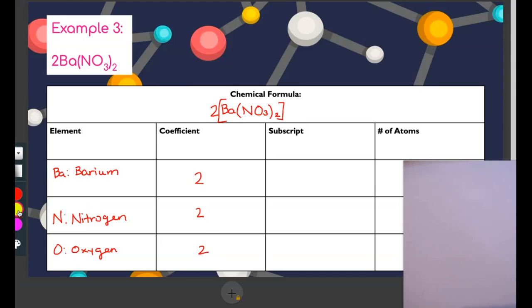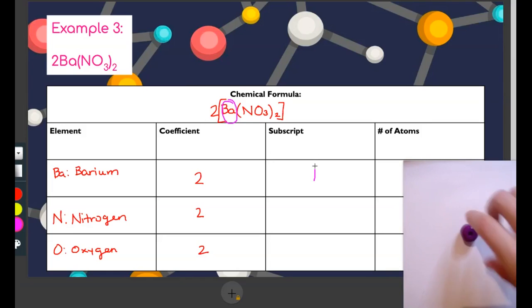Now we'll start identifying some subscripts. And here's where we just need to think a little bit harder for this example. So first we'll look at barium. We can see that barium is outside of this parentheses and it has no subscript. So we can use our rule, none means 1, and see that in this molecule there is 1 barium atom.